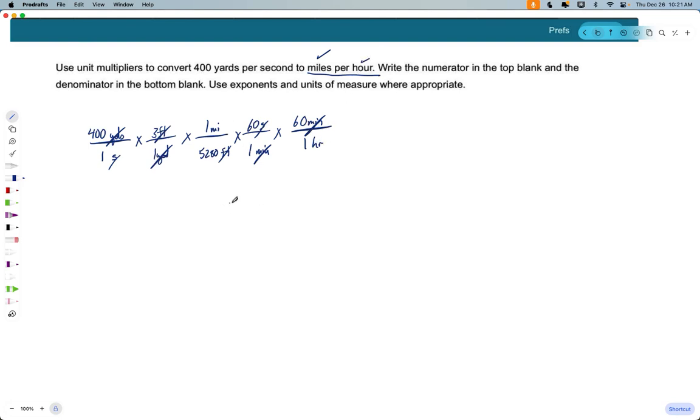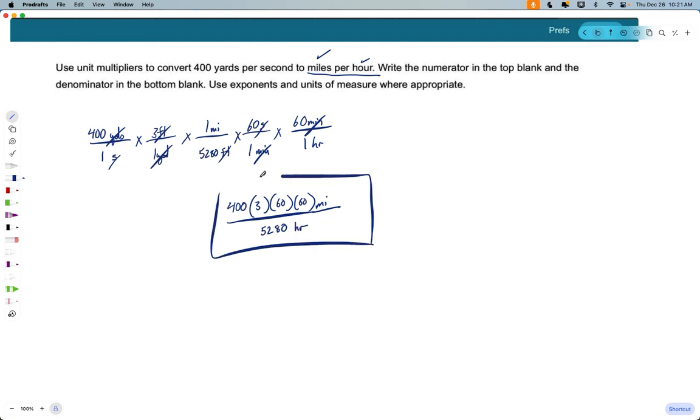So our solution is going to be 400 times 3 times 60 times 60 over 5,280. And this is going to be miles per hour. That's going to be your solution, just like that.